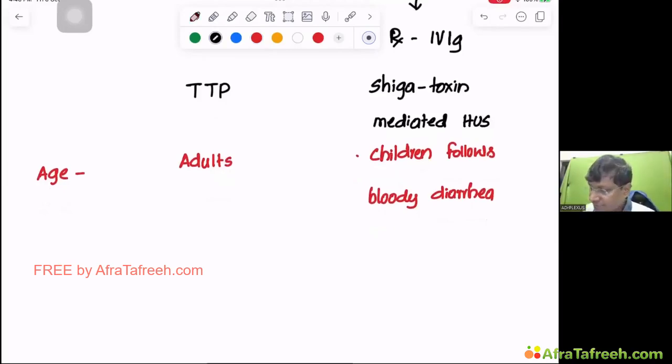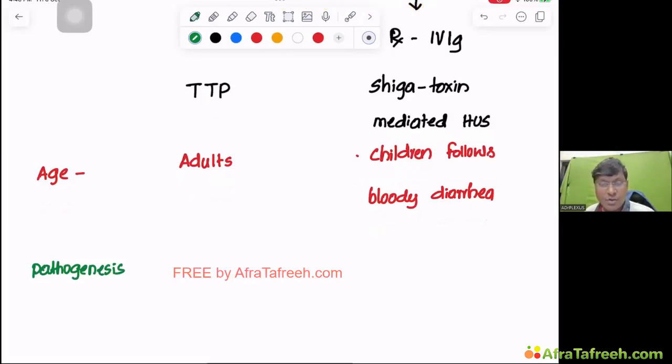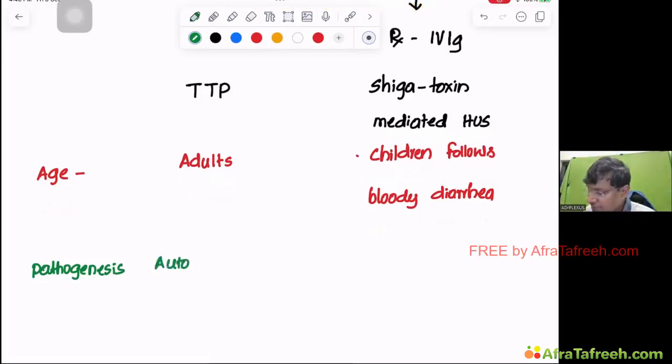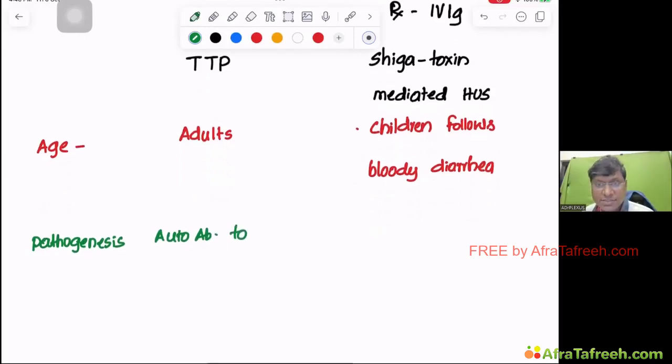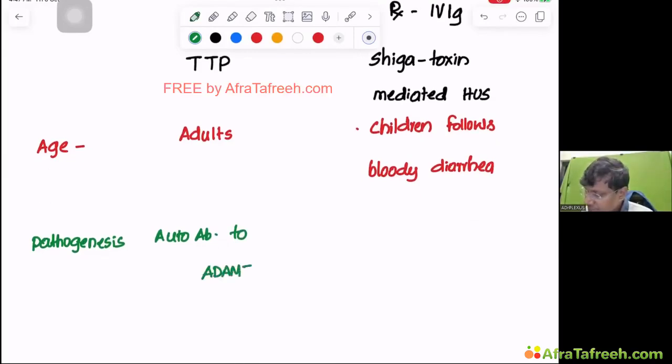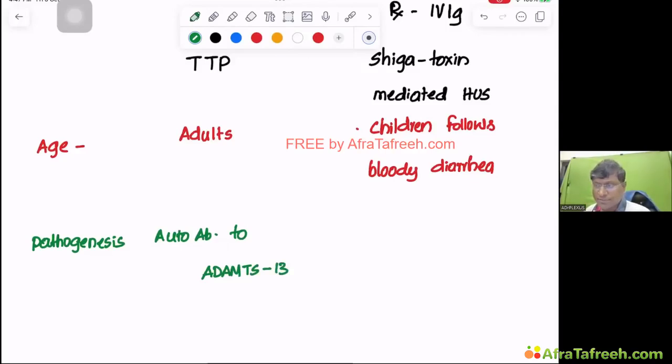And you take the pathogenesis. In thrombotic thrombocytopenic purpura, it is autoantibody mediated, an autoantibody to ADAMTS13. That is what you see in thrombotic thrombocytopenic purpura.